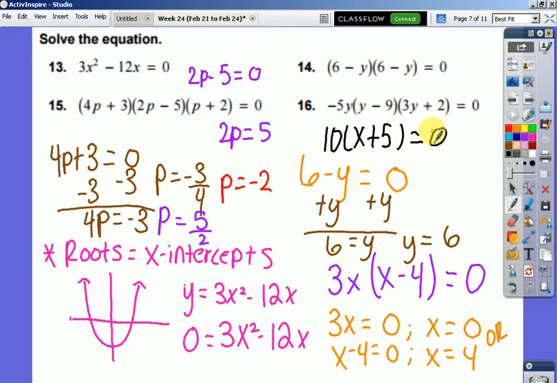But you can set x plus 5 equal to 0, yeah? So if you get to a point where you're factoring something out, and you can only pull out a constant, which does happen, don't let this fool you and think, oh, well, that's no solution because I can't set 10 equal to 0. But that doesn't matter. You can still set the second term equal to 0. You set whatever you can equal to 0. Does that make sense? Okay, cool.